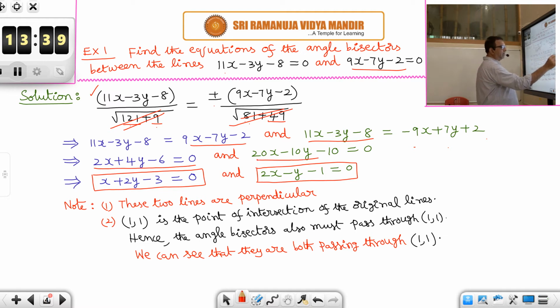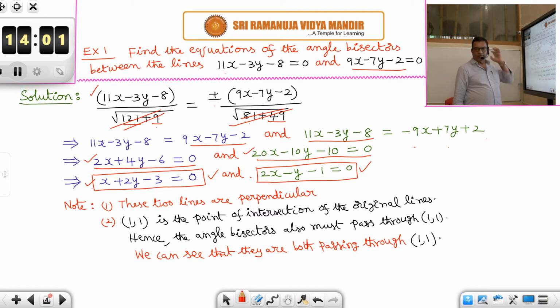Second line 20x minus 10y minus 10 equal to 0. Here 2 is a common factor. Divide by 2. x plus 2y minus 3 is equal to 0. Here 10 is a common factor. Divide by 10. 2x minus y minus 1 equal to 0. So, these are the angular bisectors between the given two lines.